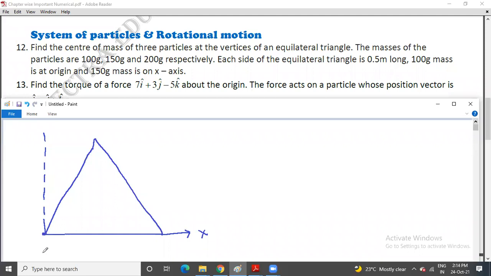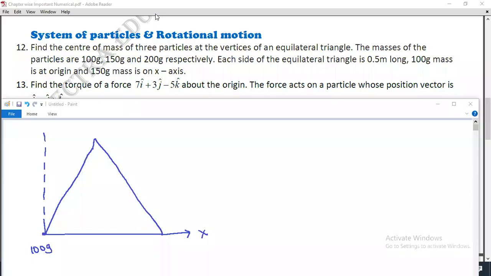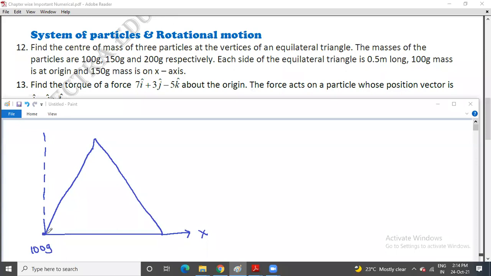So this is the origin. At the origin, we need to take the mass of 100 grams. The coordinates of this particle at the origin: no x coordinate, no y coordinate. Now they told us to take 150 grams on the x-axis. So this is the second particle, 150 grams.